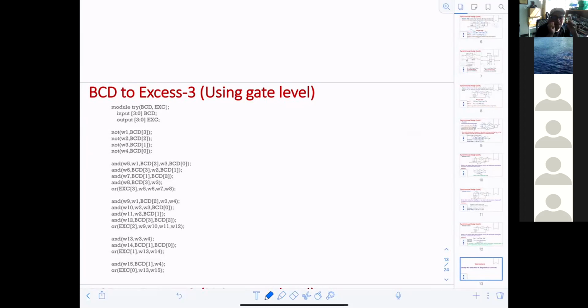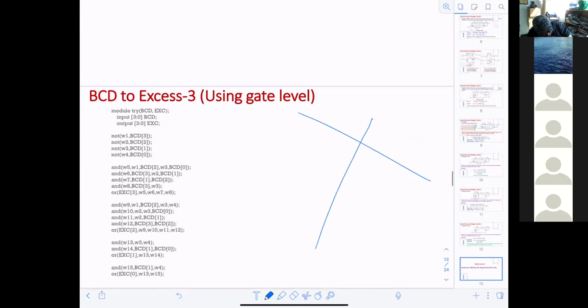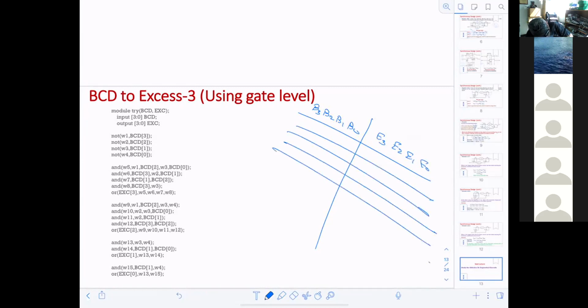Excess-3 is a table like this, right? What is the BCD? BCD is the 4-digit code, right? If you have BCD here, like B3, B2, B1, B0, and then X3, X2, X1, X0, 1, 2, 3, 4, 5, right? This one is 0 to 9, right? There is no 10 and 11, that's a BCD, right?